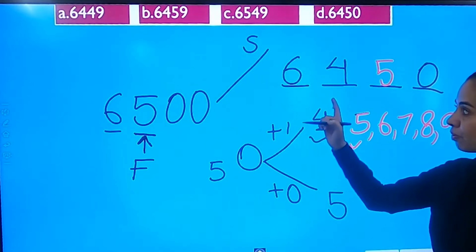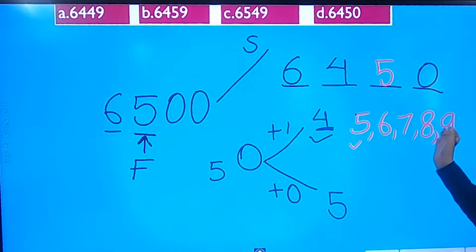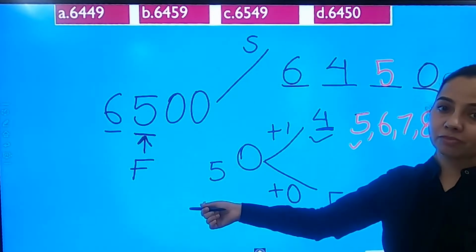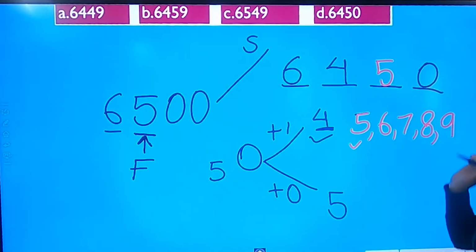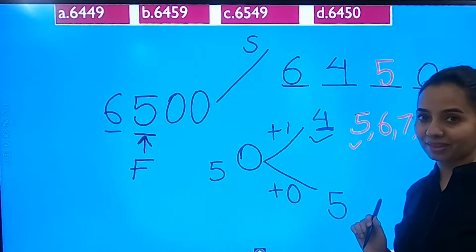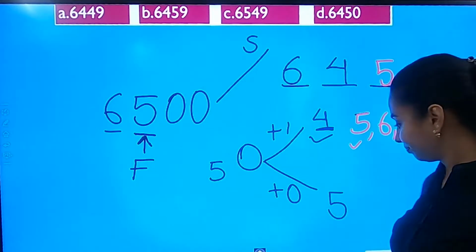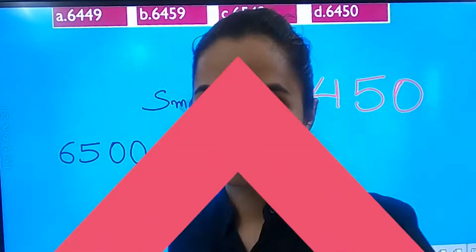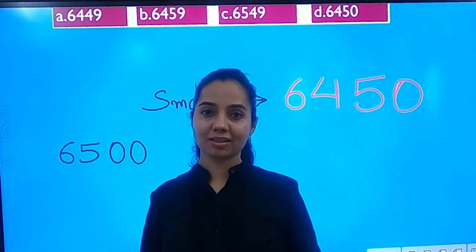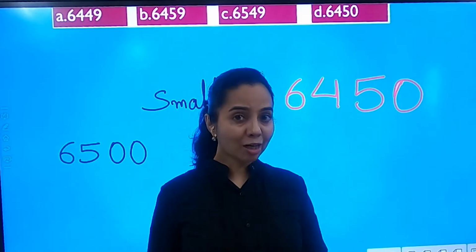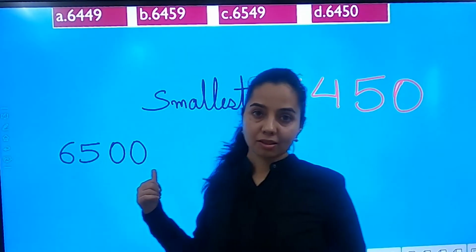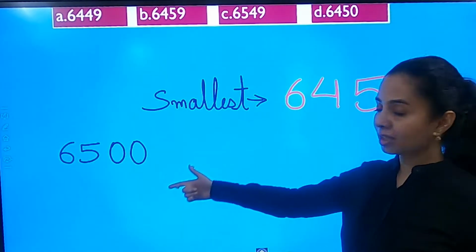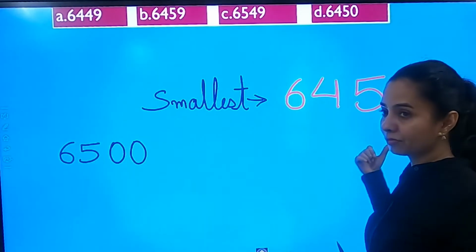So, the smallest possible number which when rounded off will give 6,500 is 6,450. So, this is it.